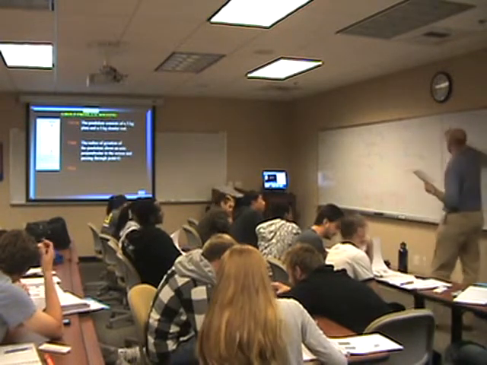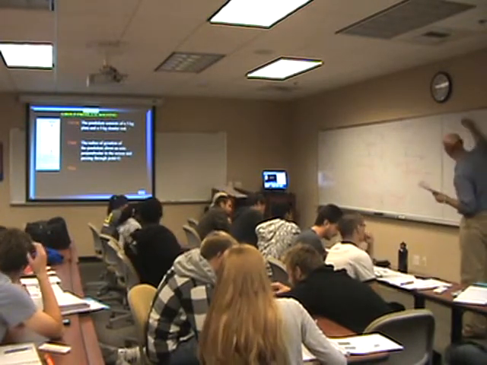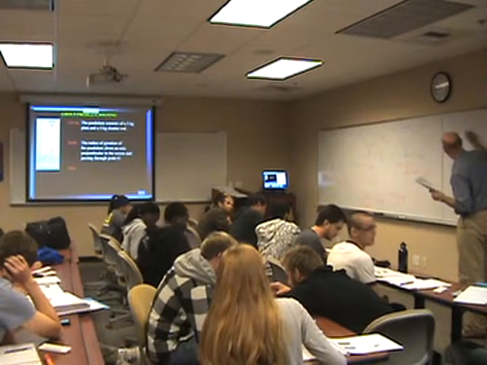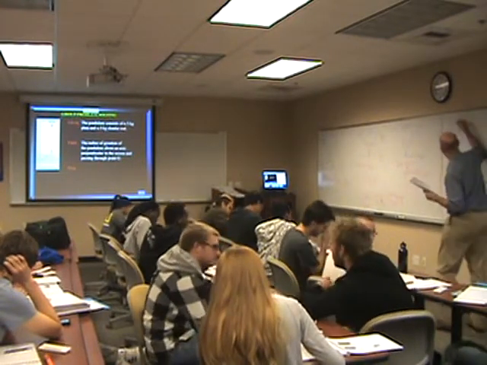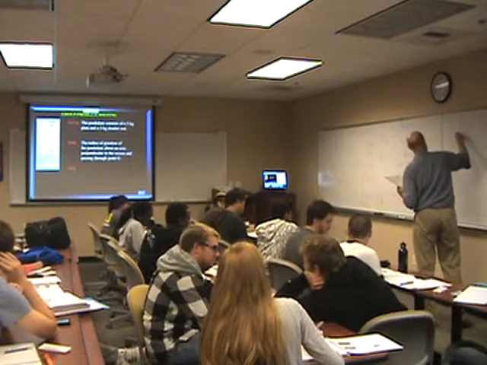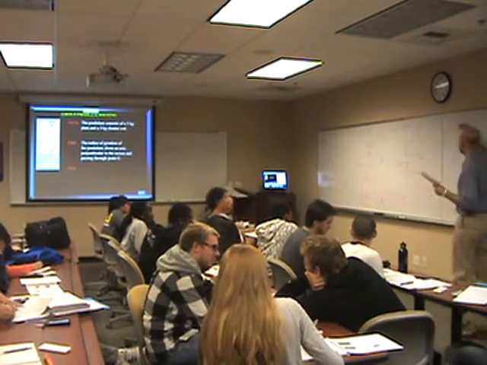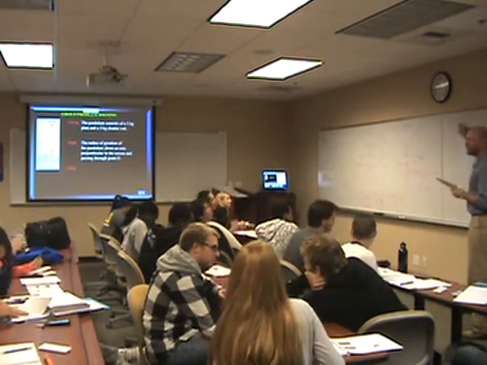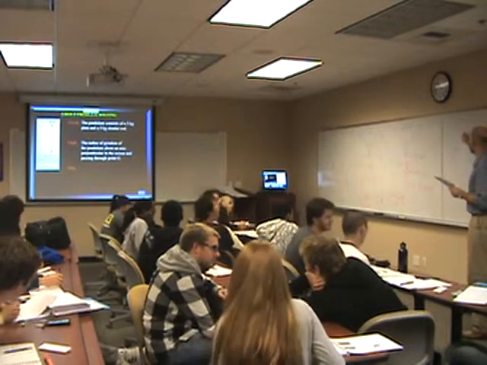The center of gravity is the sum of the distance yi times mi over the sum of mi. It's a weighted average of the masses times their distance over all of the masses.